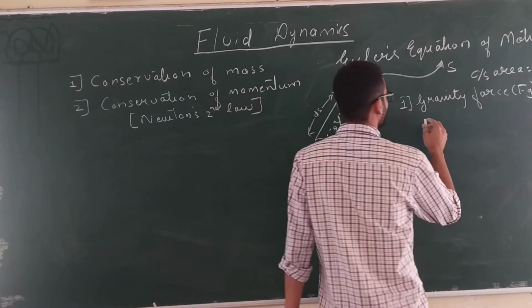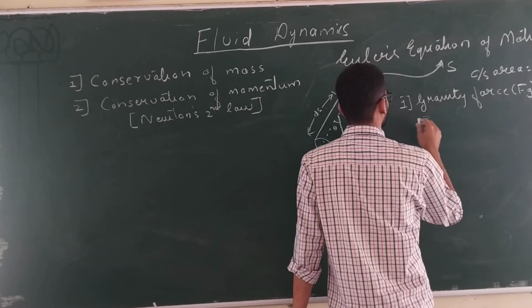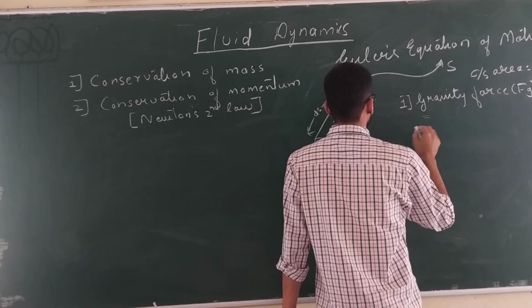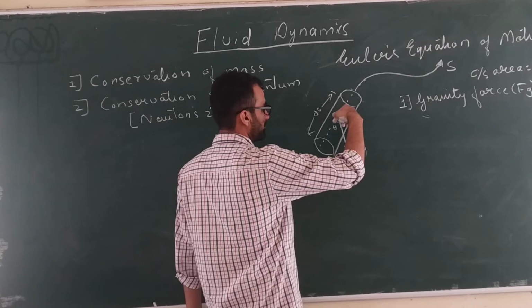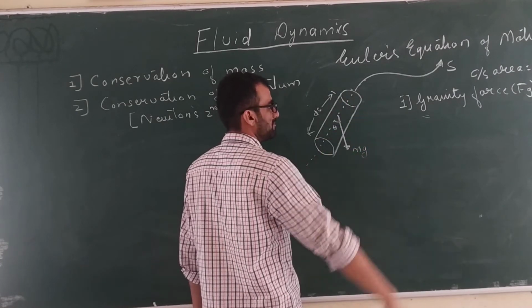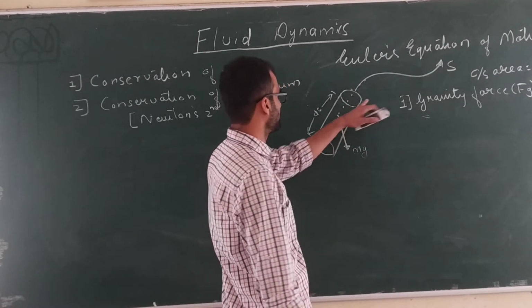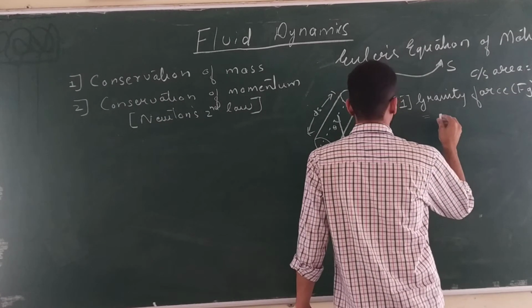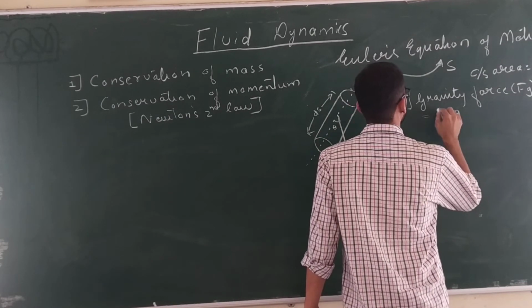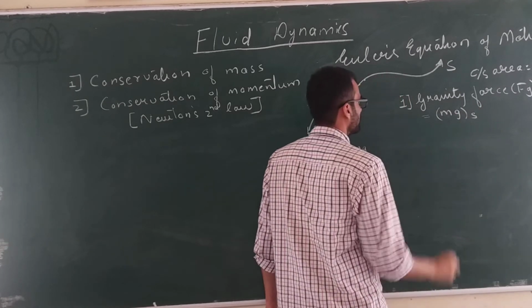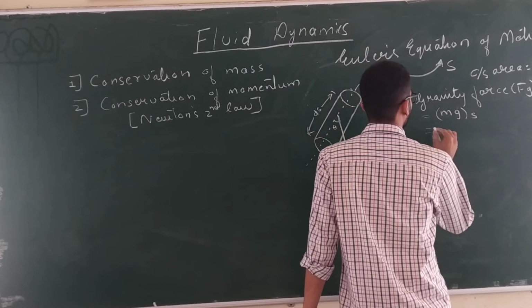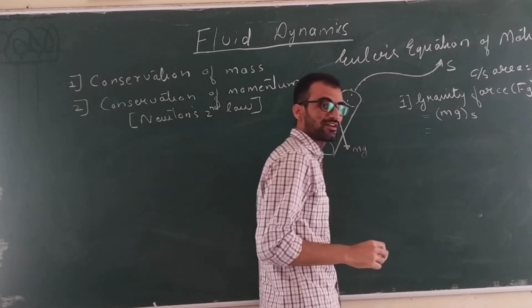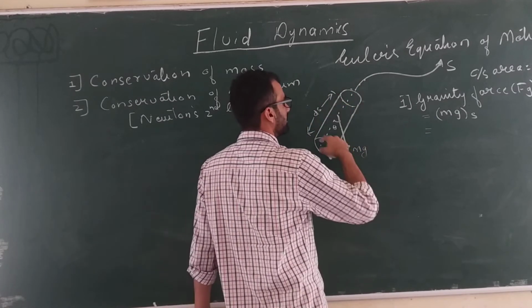What will be the gravity force component along the x direction? That will be m into g in the s direction, so mass into acceleration due to gravity. What is the mass of this cylindrical element?